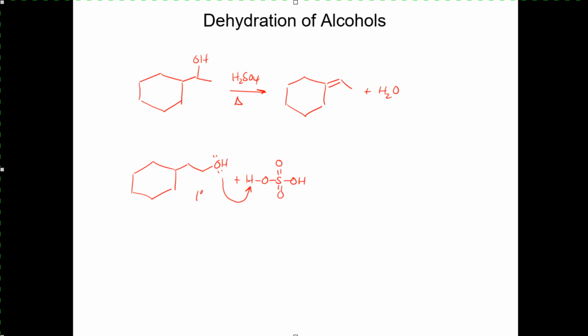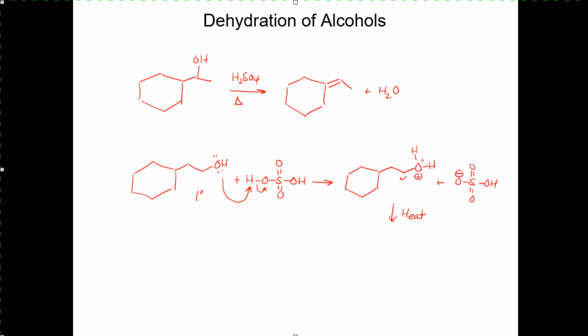A pair of electrons would be used to bond the H plus, then the pair of electrons going to the oxygen. So now what I end up doing is forming my oxonium ion, and then the HSO4 minus ion.